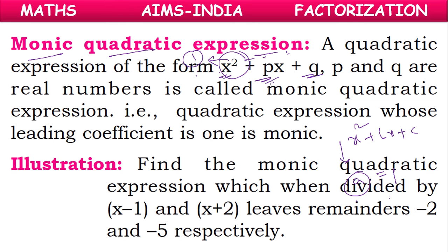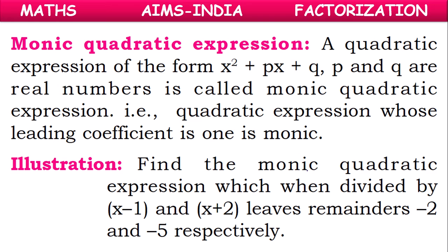The coefficients of the x term and the constant term may or may not be equal to 1, but the x square term compulsorily should be 1. Then it is called a monic quadratic expression.